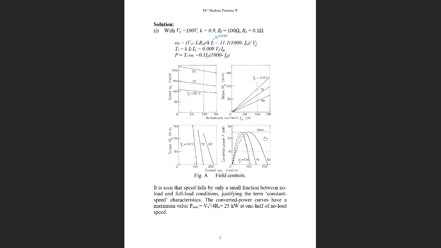So the power just changes with the armature voltage and the armature current, not affected by the motor speed. So the maximum power is not affected by the motor speed. It is just affected by the armature voltage rather than the field voltage. So this is case 1.